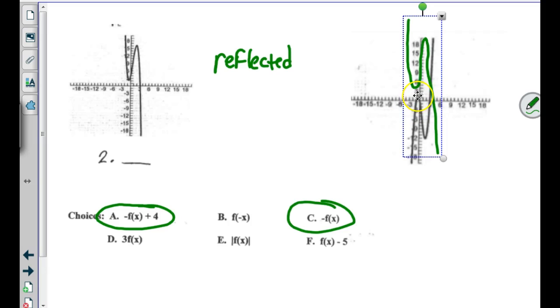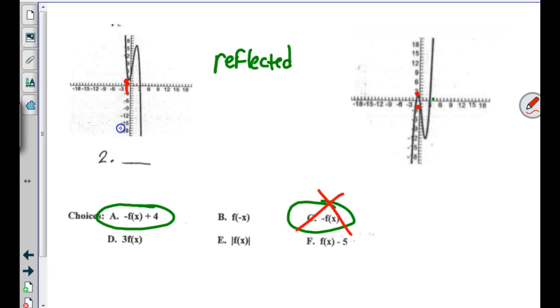When you flipped this point, let me just one more time. If you flip this point that's at, we'll say, -1, 2, if you flipped it across the x, it should be at -1, -2, and it's not anymore. If it was down here and then it moved up 4, that would work. All right, so we're going with A.